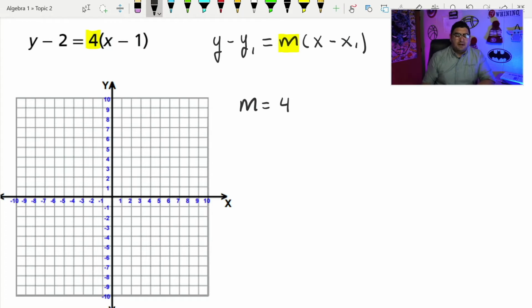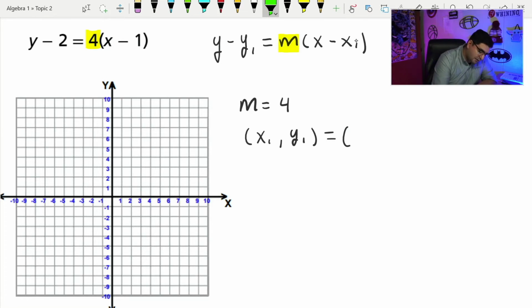The other thing we need to find is what are our x1 and our y1? What is our point? Well, in this example, we just look at the two equations and try to see what's in their spot. So in the location of x1, I see there is a 1. So that means that my x1 is actually 1.